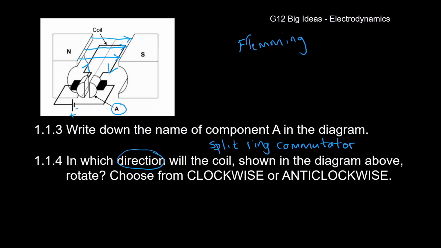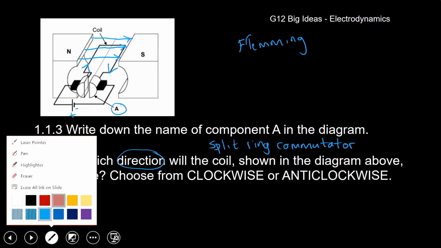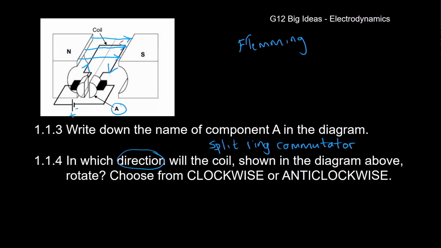For me, it is easier to use the side of the coil that's over here. I just want to change the color of my pen so that you can see what I am showing you. If we try and use both sides, it's just going to be confusing. We have to choose which side you want to use. So I'm choosing that one because it's easier for me.